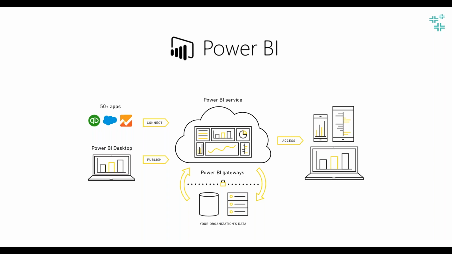Your desktop application creates these recipes that you publish to the service. The service then natively connects to all your connectors. I think at the time of this graphic, there were 50 plus. At this point, there's like 90 plus. It just keeps on growing. And from there, the service publishes out to your devices, back to your viewers, to laptops, to mobile devices, all those things, and even embedding.